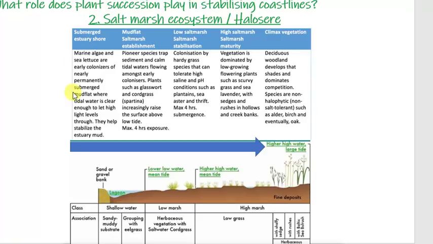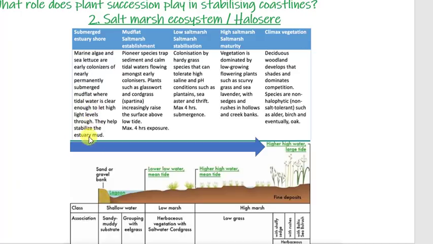So, if we think about the part of the estuary shore which is permanently submerged, only really specialised plants can live there, such as your algae and possibly your sea lettuce. They colonise the mudflat. And it says here, colonisers have nearly permanently submerged mudflat where tidal water is clear enough to let light levels through. So they still need some light, but they can live being submerged.